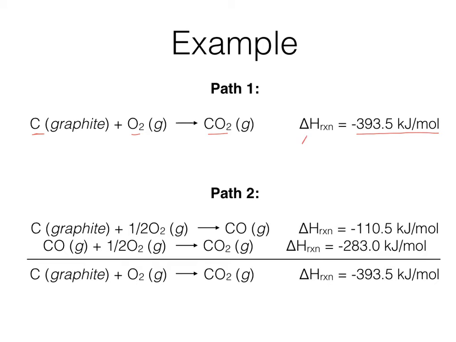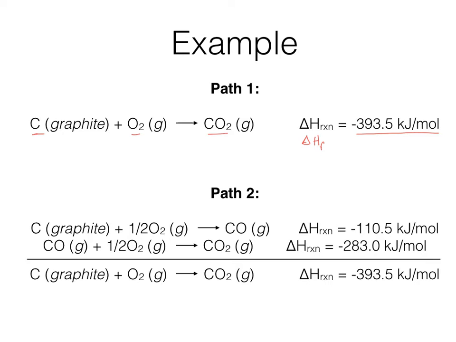This is actually a delta H of formation, but it's also a delta H of reaction because this is a reaction, and that value is negative 393.5 kilojoules per mole.